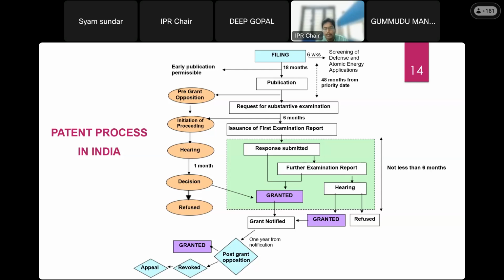Starting from the filing of the patent application and until the grant, anybody can oppose. That kind of opposition is called pre-grant opposition. Post-grant opposition is after the grant of the patent: within 12 months from the grant, if anybody opposes in the patent office, that is called post-grant opposition.